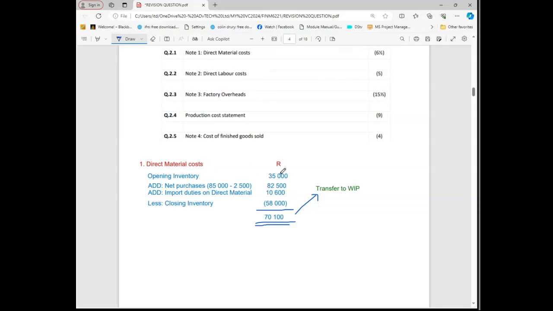I said inventory at the beginning will be on the debit side. When it comes to purchases, you don't have to do this calculation. You must transfer them separately. So you must first record 80 on the debit side, and 2005 on the credit side.